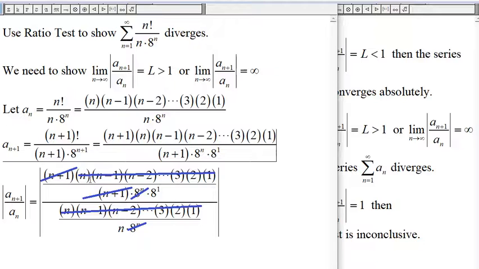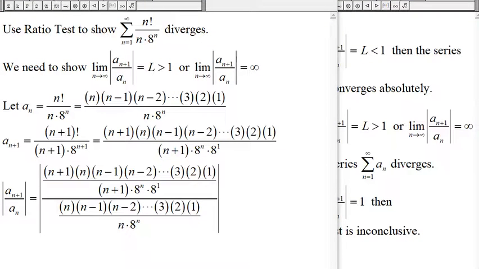So one more time, there's nothing left up here, so that means it's 1. And then nothing here, we get 1. So the top, we just get 1 over 8. The bottom, we have 1 over n. So this is equal to 1 over 8 divided by 1 over n.